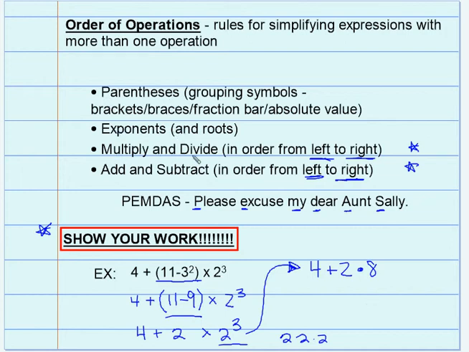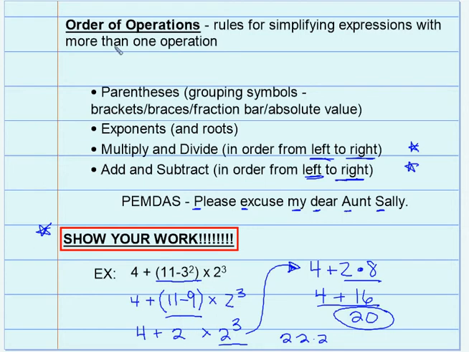No. Do I have multiplication and division? Yes. Underline it. Write down 4 plus, what is 2 times 8? 16. And then since this is the only operation left, I do that and my answer is 20. Notice that addition was last. Notice we did some subtraction here, but we did the subtraction because it was inside parentheses.